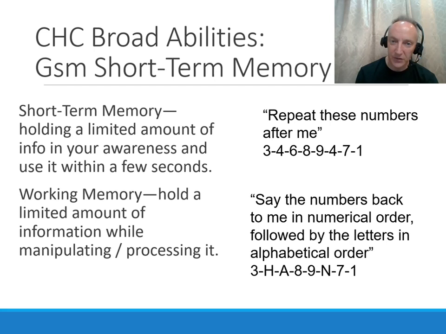And again, without you seeing what I'm reading or being able to write anything down, I would say 3, H, A, 8, 9, N, 7, 1. So you'd have to hold them in your mind, move them around in your mind. You give me the numbers first in numerical order, then the letters in alphabetical order.